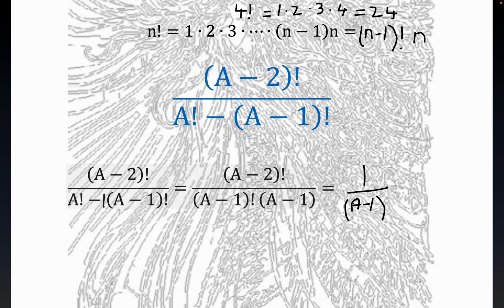Okay, now this a minus 1 is still left, and so we get this. Okay, and so you might want to write that as 1 over a minus 1 quantity squared. And that's the simplification of that relatively simple factorial expression.